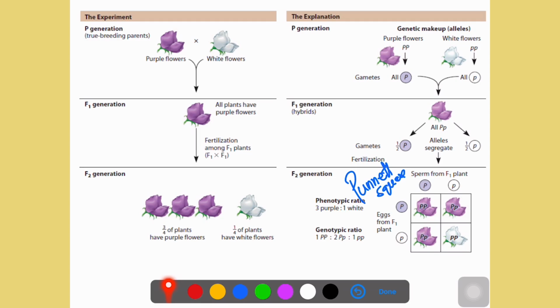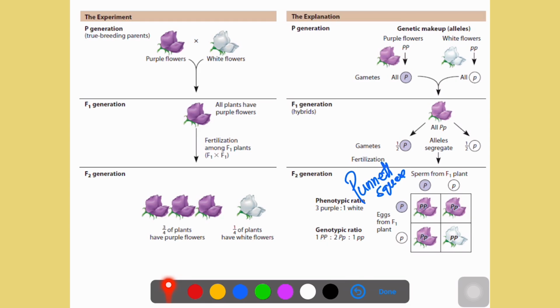So now the 3:1 ratio which we observe phenotypically gets a little bit different when we consider it in genotypic ratio. In the genotypic ratio, we can clearly see that 1 is homozygous dominant, 2 heterozygous and 1 homozygous recessive.